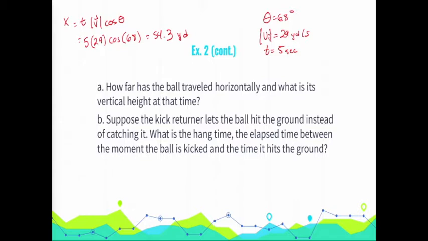And then our vertical height, y, is t magnitude v sine theta minus 1/2 gt squared, which is going to be 5 times 29 times sine 68 minus 1/2 acceleration due to gravity, if we're talking about feet, is going to be, sorry, not 9.8 meters per second, 32 feet per second squared.